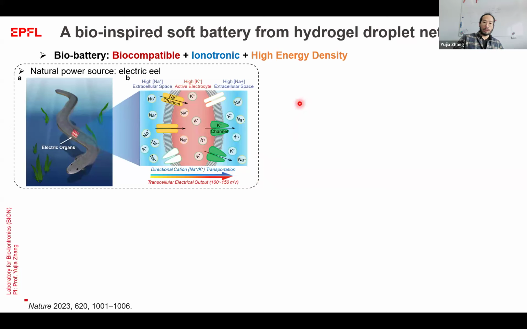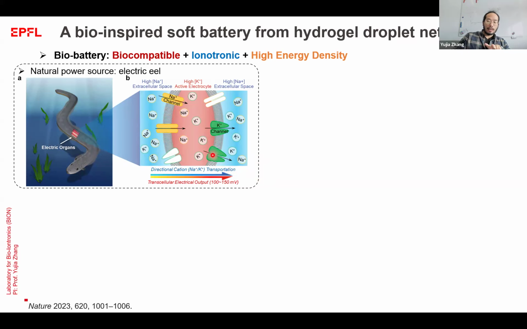I'll give you a quick overview of some examples we have been doing, starting from this droplet battery, which is, I think, quite elegant work. Basically, we mimic the energy-generating mechanism of the electric eel, which is a quite powerful animal in the ocean. The electric eel uses purely ionic transport to generate output power.